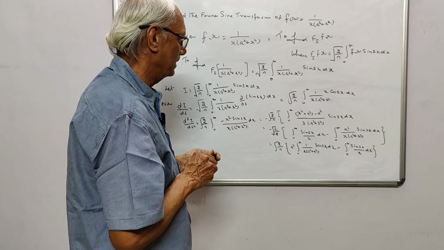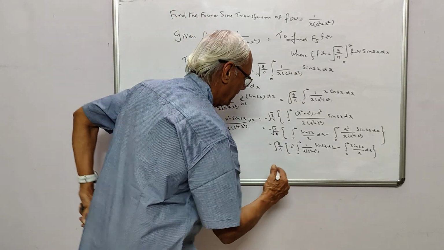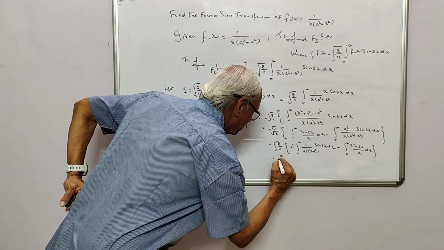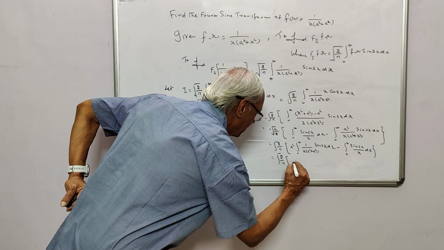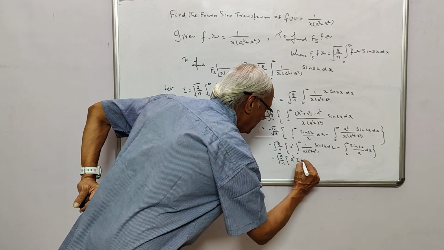This is what you get. Now I will write something here, and this has been proved. You will understand why I write that. Square root of pi. Okay, minus.